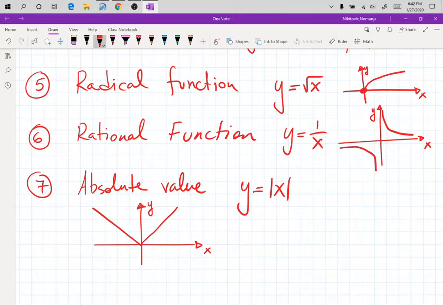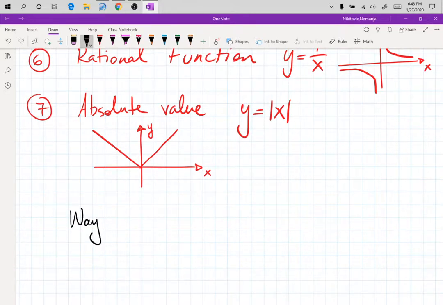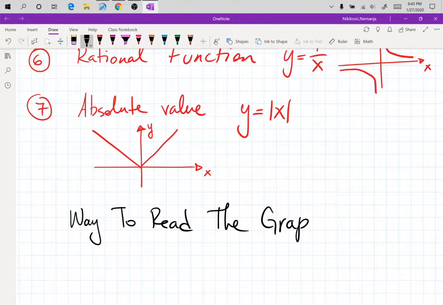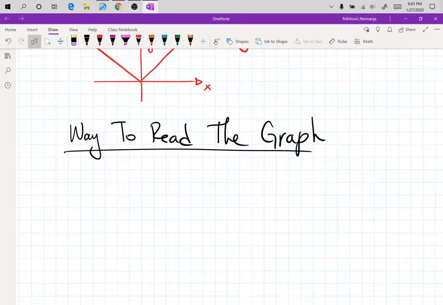Now, before we go on, I have to talk about reading the graph, just to make sure that everyone is on the same page. This course will have a lot of graphs.